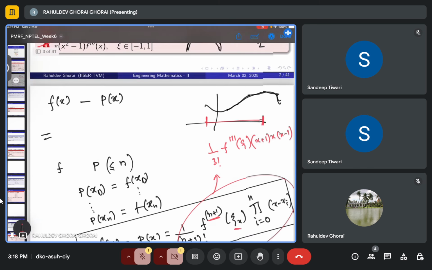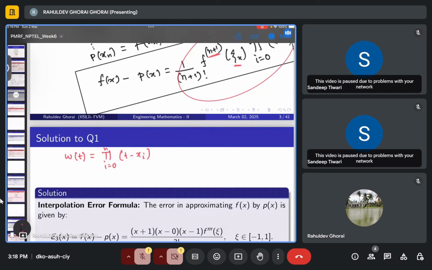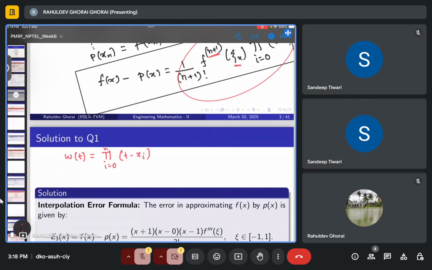So you first have to construct a function, let's say w of t, which is the product from i equal to 0 to n of t minus xi. You name that function. This is a polynomial with n plus 1 roots, at those xi's, right?